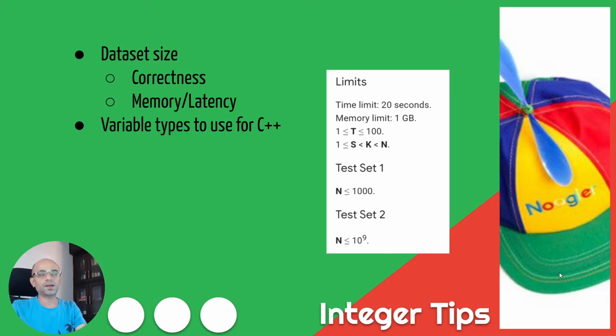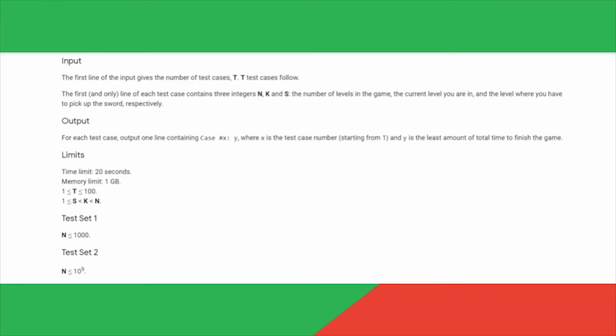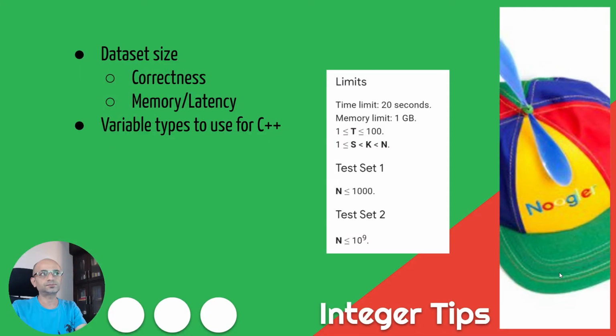If you look at a sample problem of the Kickstart, you will see a section on the limits, and the limits will normally specify some time limits for the solution to finish within while running the program, or the memory limit, the maximum memory it should use.